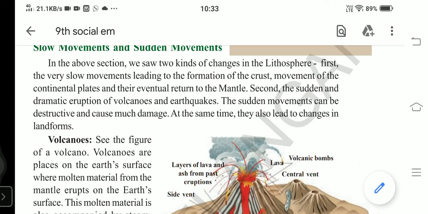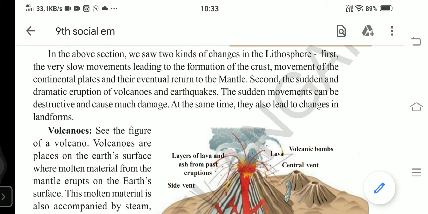Instead, we see that when two plates collide with each other, inside the mantle there is a high temperature and all the materials are in molten form, right?